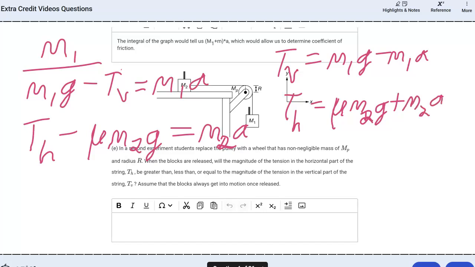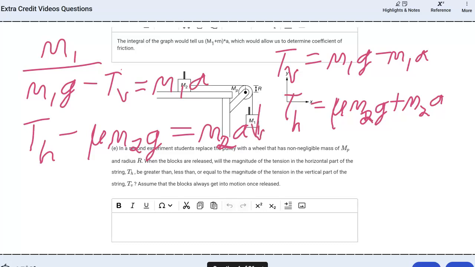Okay, well, we know that M1G must be larger than TH because it's given that it's accelerating downward.